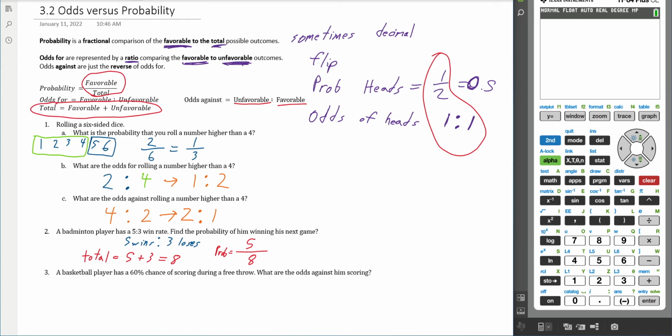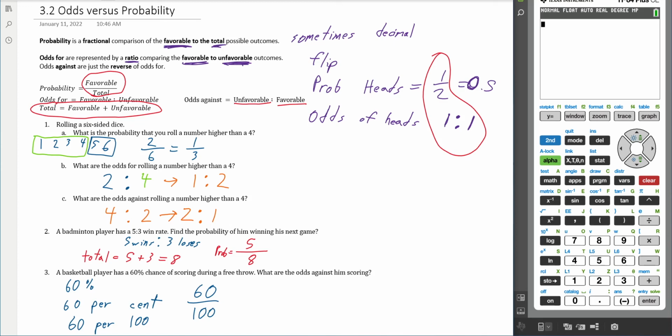All right, let's try the next one. A basketball player has a 60% chance of scoring during a free throw. What are the odds against him scoring? This time we're starting with the probability, 60%. Percent just means per 100, so it's 60 per 100, another way we could write this is 60 over 100.